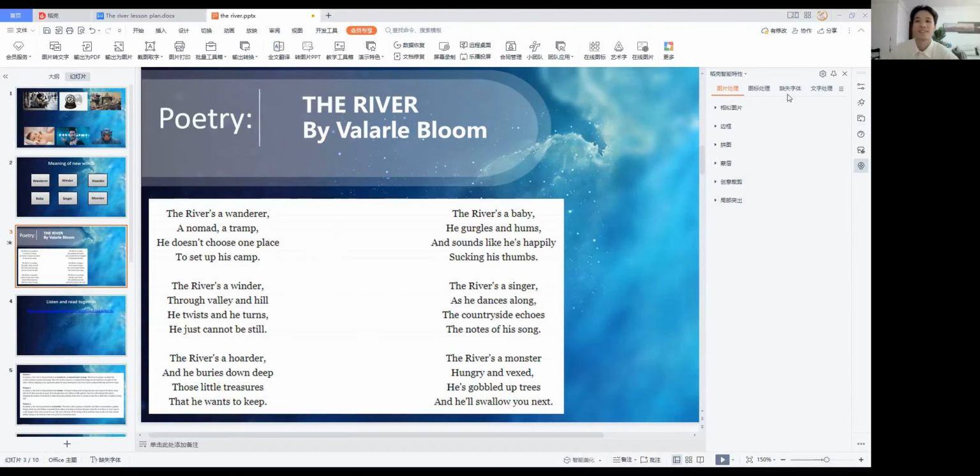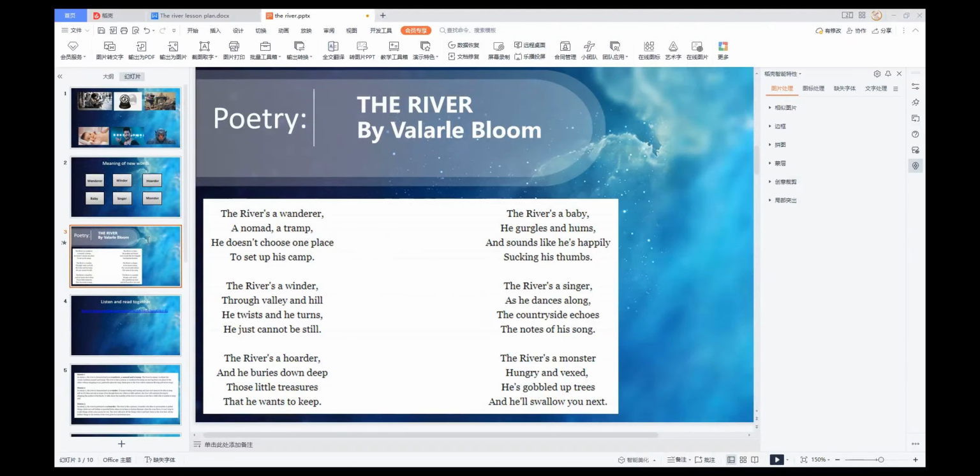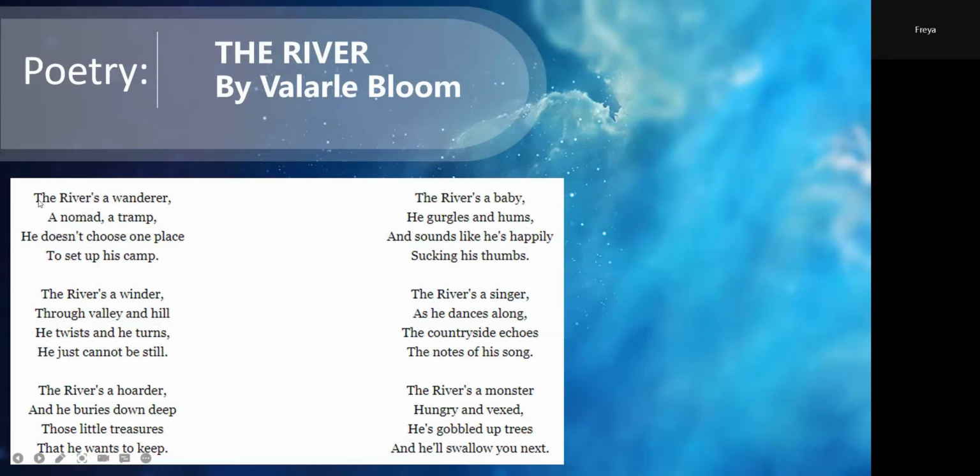The river's a baby, he gurgles and hums, and sounds like he's happily sucking his thumbs. The river's a singer as he dances along, the countryside echoes the notes of his song. The river's a monster, hungry and vexed, he's gobbled up trees and he's slaughtered your nest.